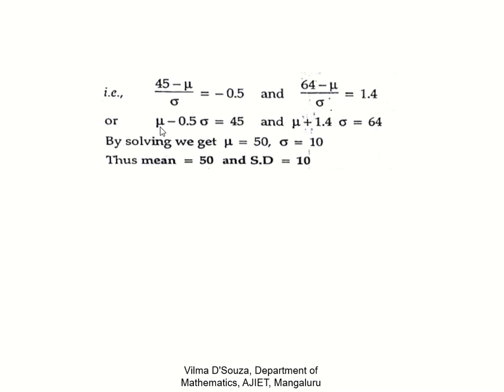Solve it, you will get the value of mu and sigma. Verify, you will get mu is equal to 50 and sigma is equal to 10. So what is your mean? Mean is mu, that is 50, and the standard deviation is sigma, that is 10. So this is the required answer.